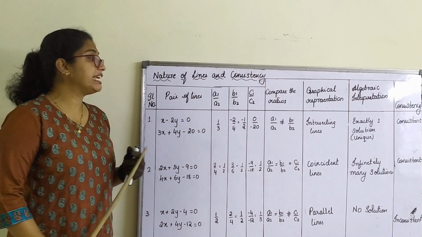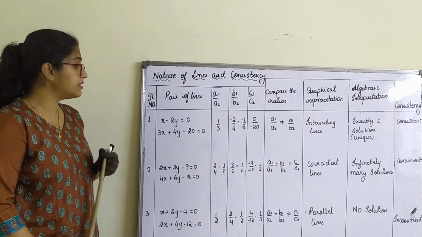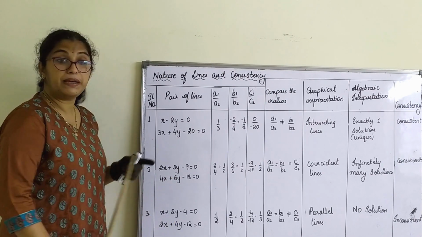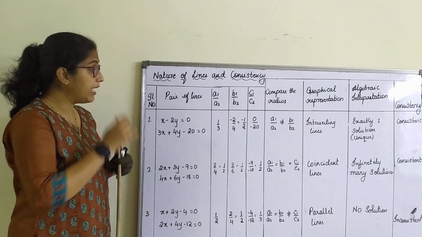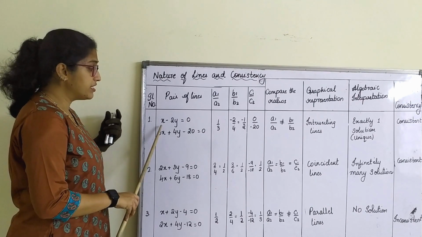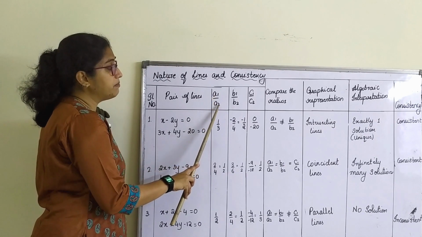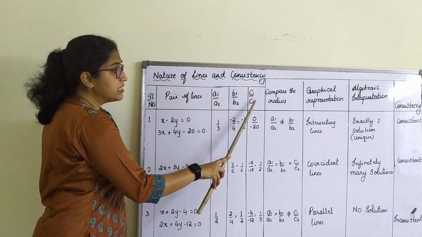So these are the nature of lines and consistency. Now we have taken 3 different pairs of linear equations and let us compare those equations by their ratios. For the first equation, we compare the ratios A1 by A2, B1 by B2, C1 by C2.